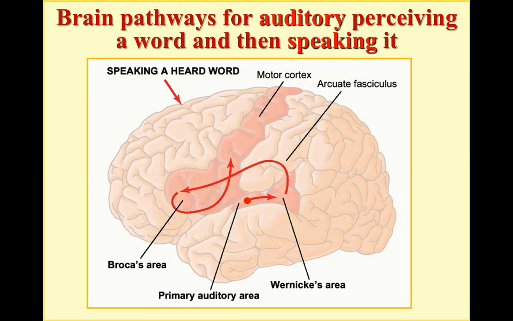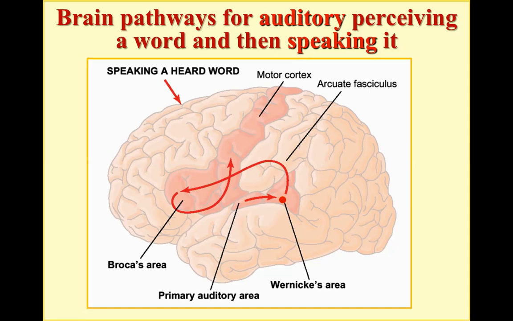Observe, here in the auditory cortex, the sound of words produces activation. Then information is transferred to Wernicke's area. Wernicke's area analyzes the word, makes a meaning of this word, and then, if necessary, transfers information to pronounce this word, to speak it.